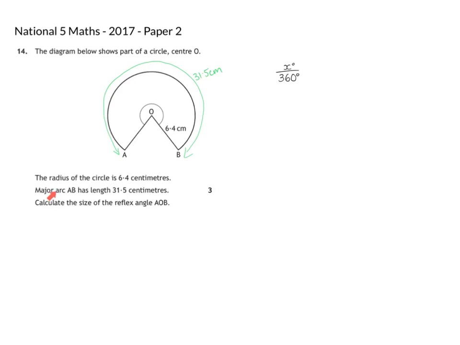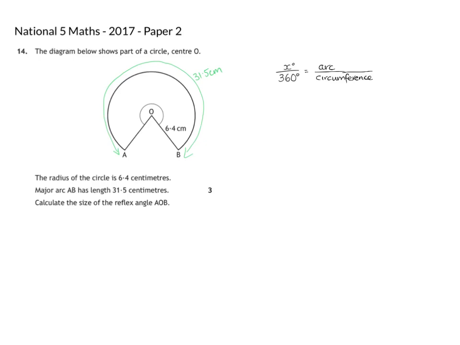So part of the distance around the circle is 31.5, and with arc comes circumference. So our arc is part of the circumference, just like our angle is part of the full circle. We also have that a sector is part of the full area.